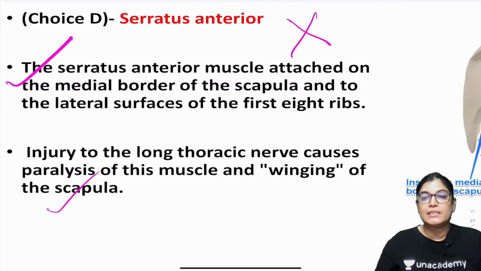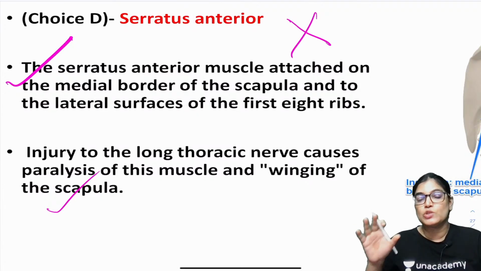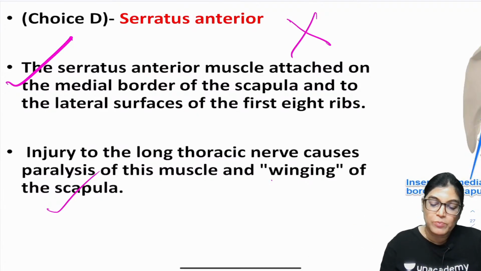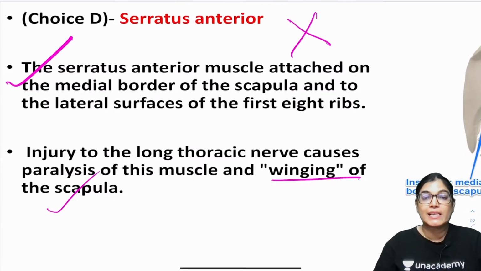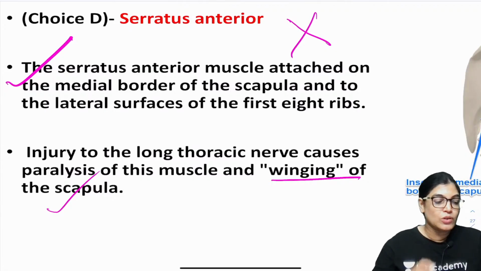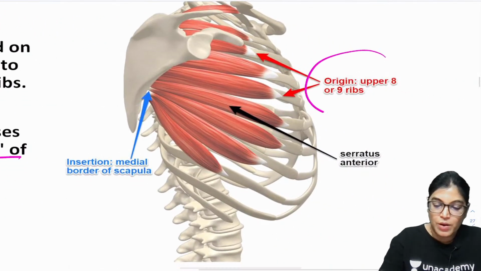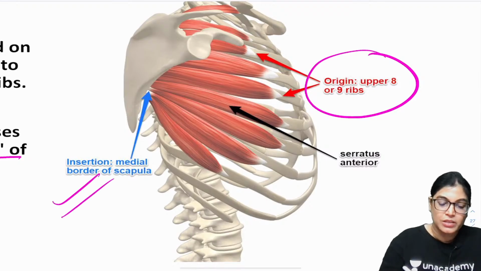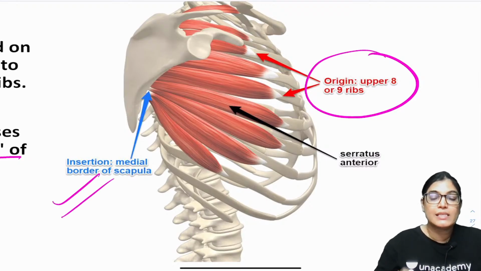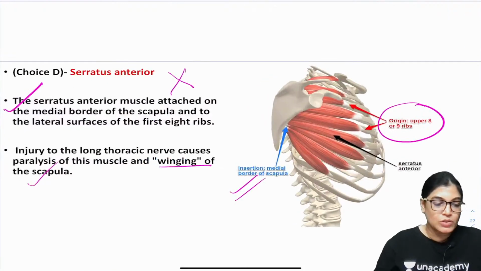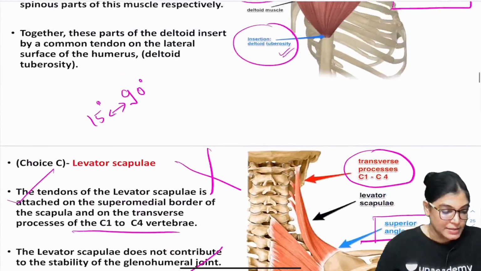If the examiner tells the person to push against a wall, there will be prominence of the medial border of the scapula. This case is called winging of the scapula. Such a description was not provided. Here you can see the origin from the upper 8 or 9 ribs and insertion into the medial border of the scapula. This is the serratus anterior muscle. So this is the reason it can't be the correct answer.